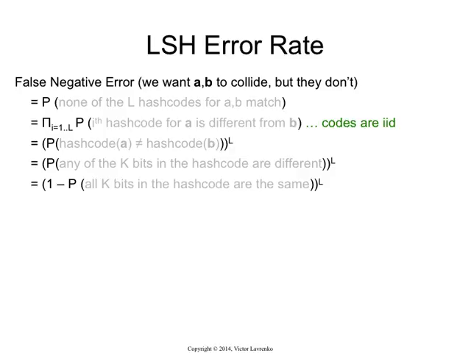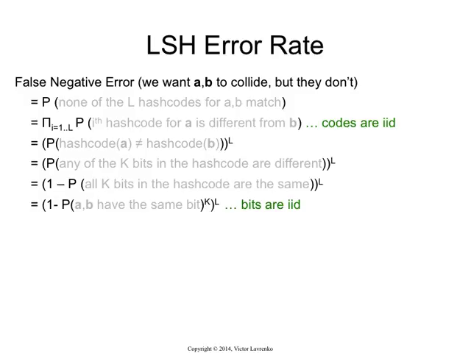And now I play the same trick. The individual bits are independent. Why? Because they're based on separate hyperplanes, which I generate completely randomly. And they're also identically distributed because I'm sampling the hyperplanes from the same random number generator. So I can rewrite that as follows.